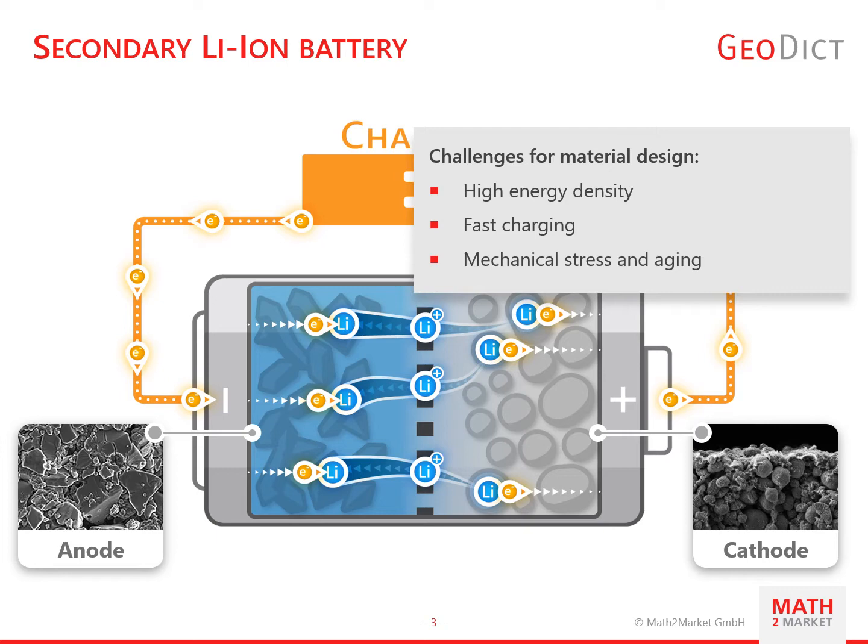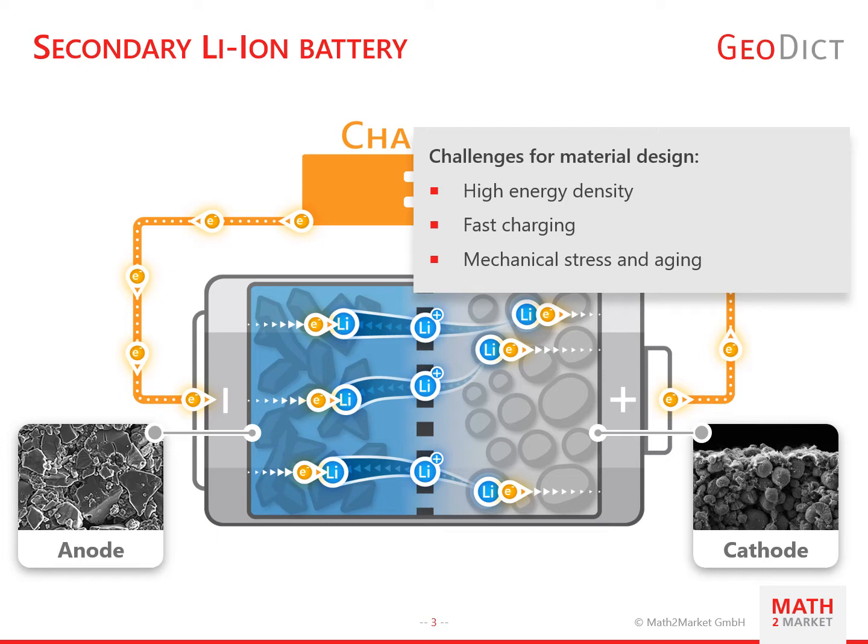Well, with GeoDict, you can calculate properties like porosity, like tortuosity, diffusivity, and so forth. And these properties directly represent the transportation properties of the lithium ions and the electrons. And so these are key parameters that you can calculate using GeoDict.